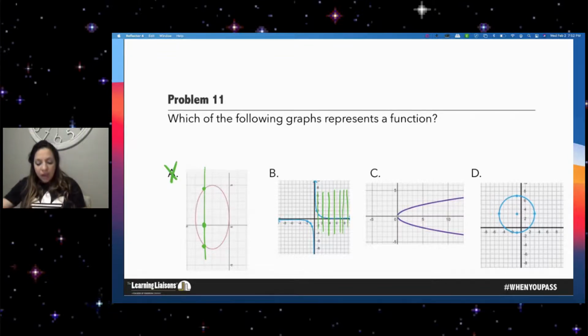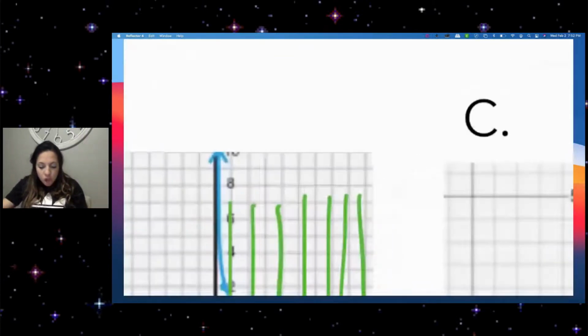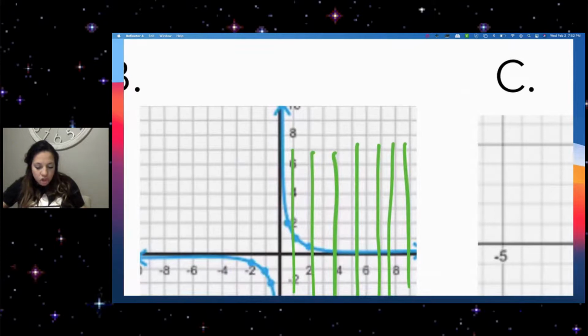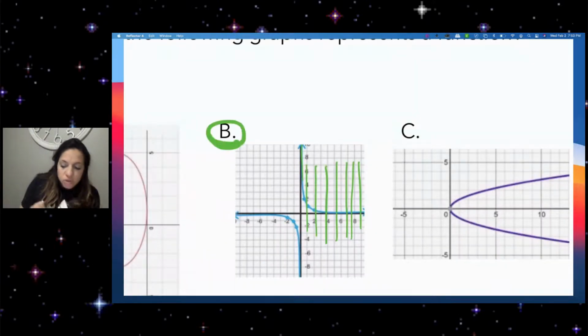Now, be careful because it looks like this goes straight up, right? It looks like at some point I'm going to draw a vertical line and it's going to go through the entire thing. This is called a rational function, and you don't have to know that, but by process of elimination, you would know that this is going to be the correct answer. It actually never gets completely vertical. It gets very close to being completely vertical, but it doesn't get completely vertical. So this is going to be our answer.